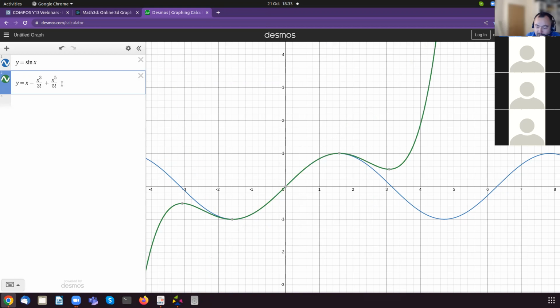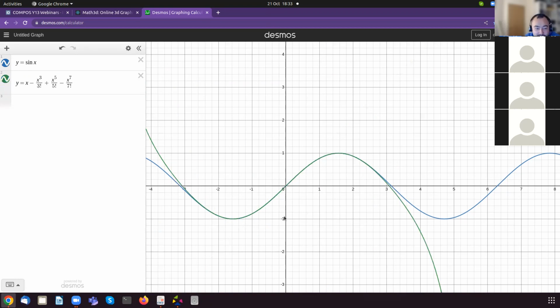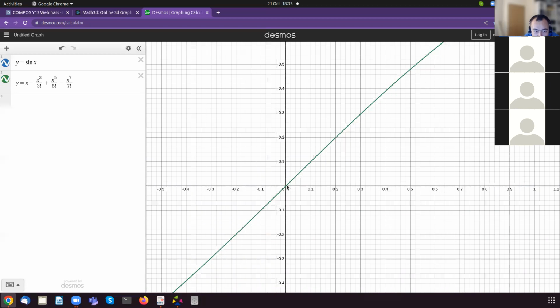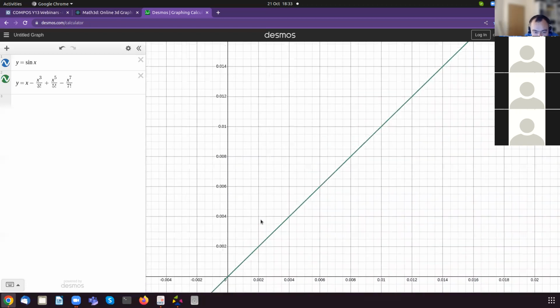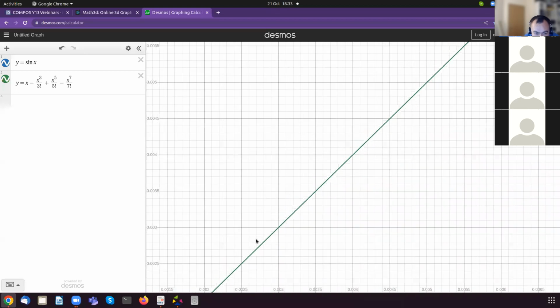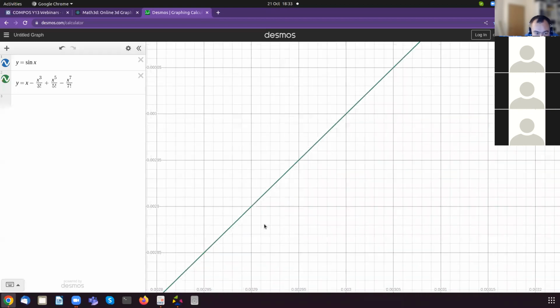And then you do minus x to the power 7 divided by 7 factorial. Now, by this time, the middle bit is probably a good approximation. Look, the green and blue lines are pretty much the same thing.